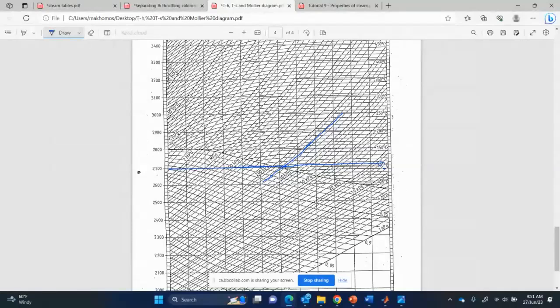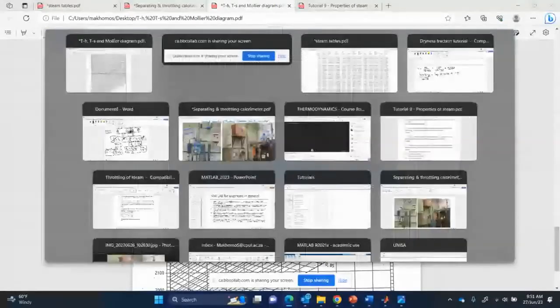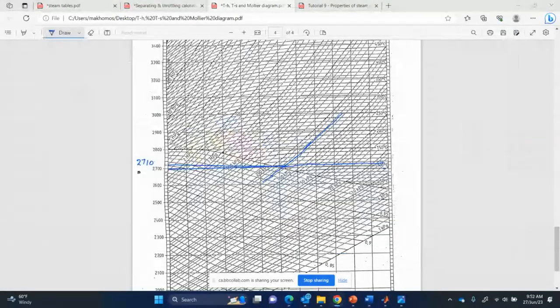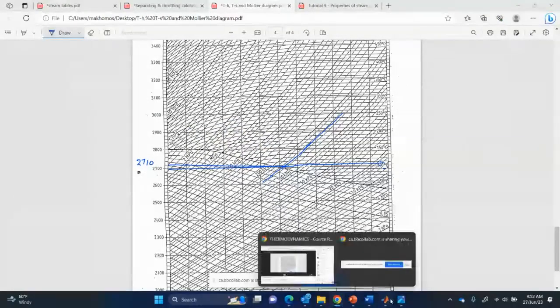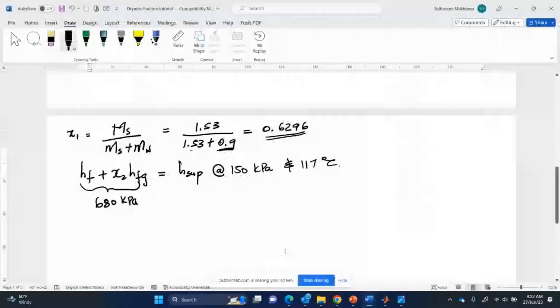No, sorry. I think 2720. That's me. You might get 2710 or 2730. Yeah, you can say 2720 or 2710. So we have the first one: H sub g is 2710 or 2720 kilojoules per kilogram.